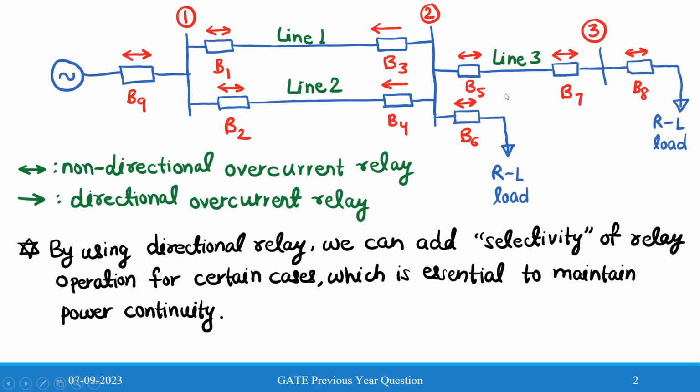Corresponding to line 3, all the relays are non-directional overcurrent relays. So R5, R7 and R8 will be non-directional overcurrent relays, and R6 will also be a non-directional overcurrent relay because this is a passive load. It cannot reverse the current. Therefore, we can choose our answer according to this notation.